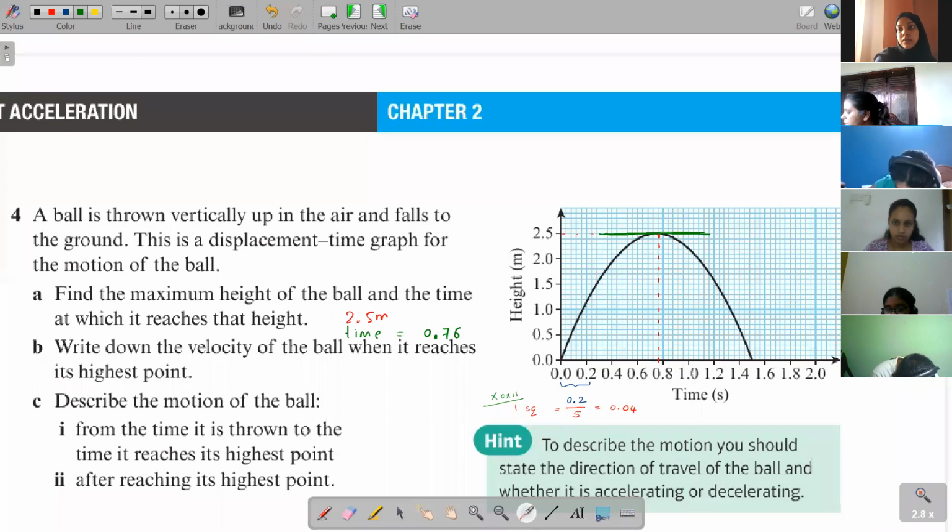That tangent very clearly is parallel to the x-axis. Therefore, the velocity at the highest point is 0. Can everyone understand or do you have any doubts? The velocity at the highest point will be 0 because the tangent at the highest point is a straight line parallel to the x-axis.